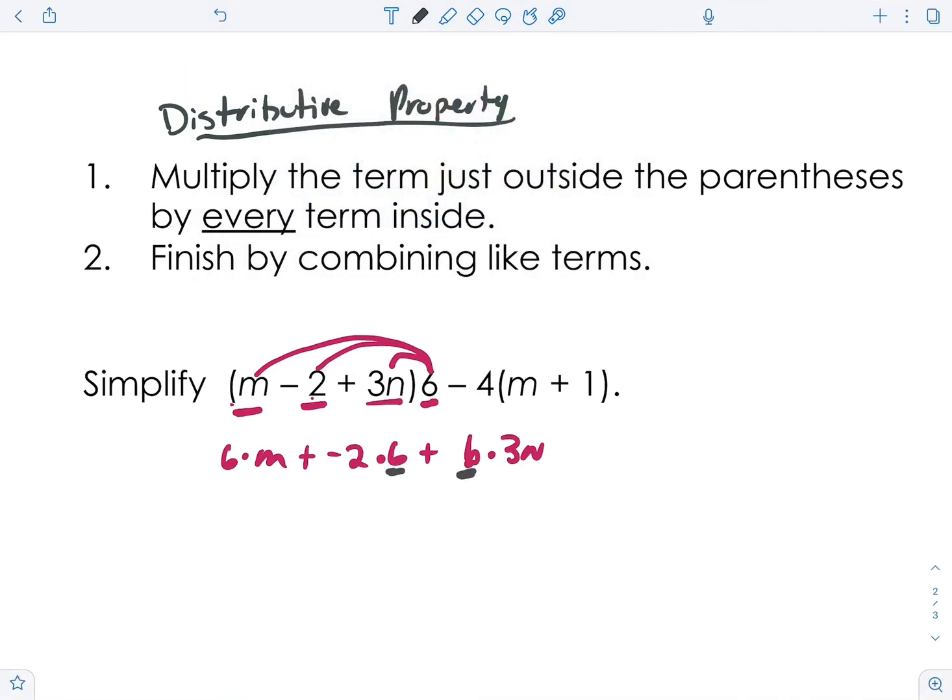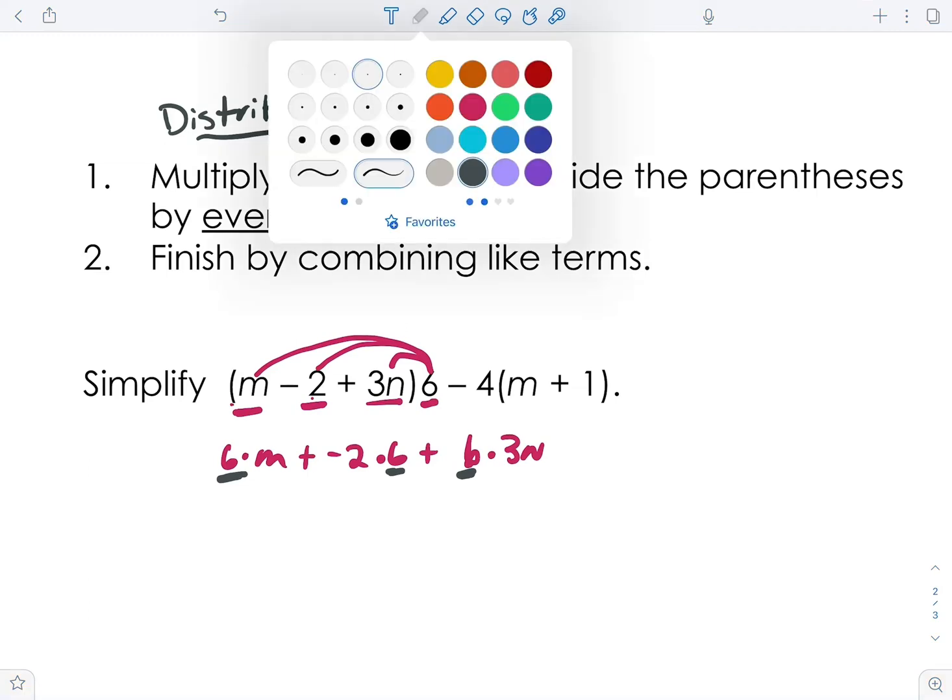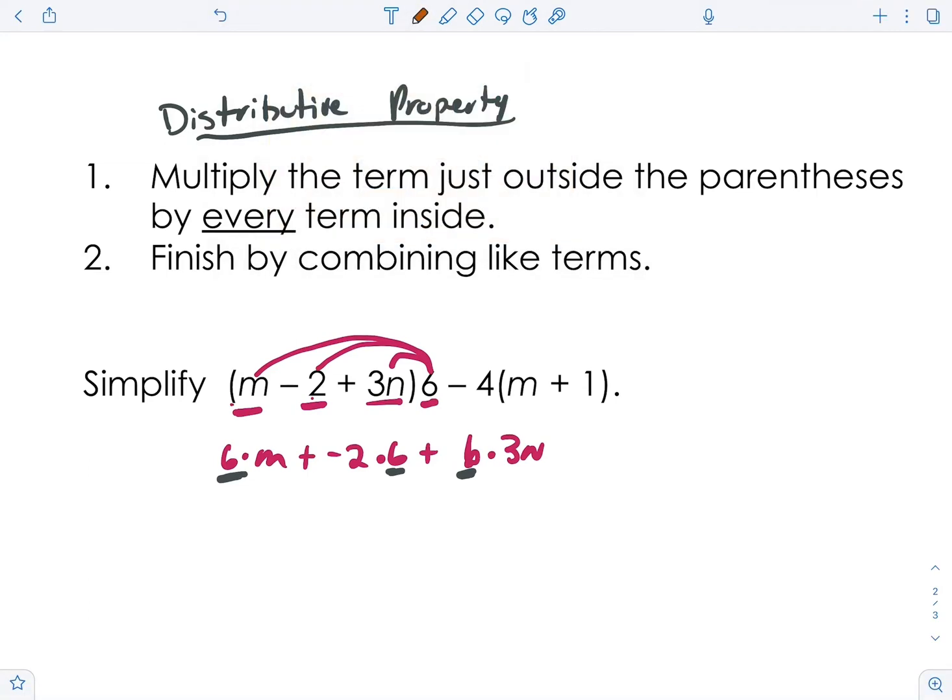Again, note, I multiplied each term by 6. And then finally here, this -4 is going to become plus -4. And since this -4 is up against this parentheses here, we're going to multiply -4 times m and -4 times 1. All right, -4 times m, that's plus -4 times m, plus -4 times 1.